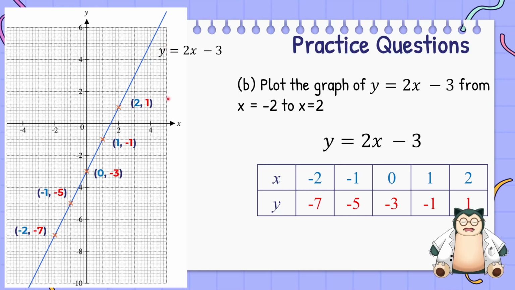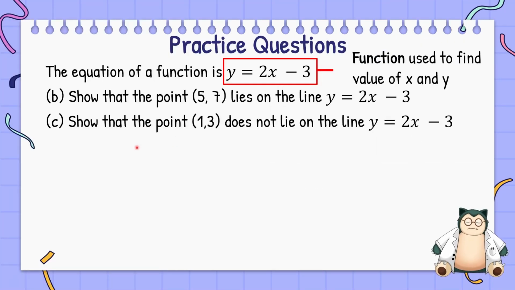Sometimes we don't have the luxury of referring to the graph to find out its y value. So what do we do instead? We analyze the question. These coordinates (5, 7), what does it tell you? It tells you that when your x value is 5, your input of the function, you should get an output value of 7, which is your y value.